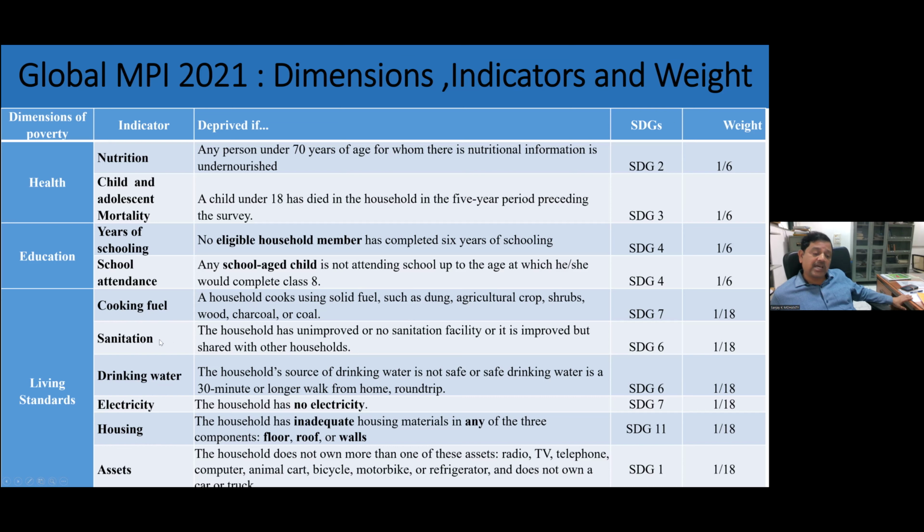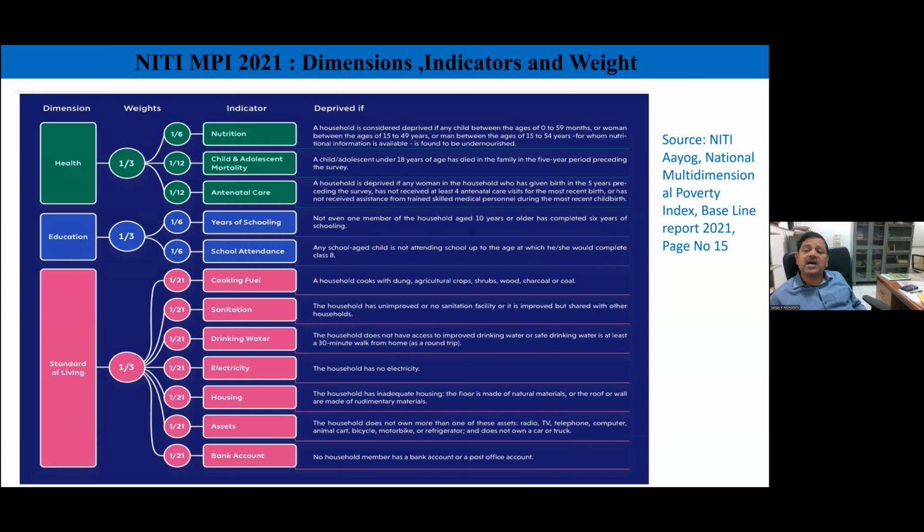So whether the household has electricity or no electricity, whether the household is living in housing made of unfinished materials, in any floor, roof or wall, that will be a deprived one. In this way, each of these indicators is defined from the micro data, and these estimates are derived.